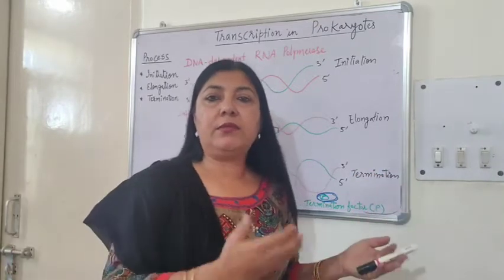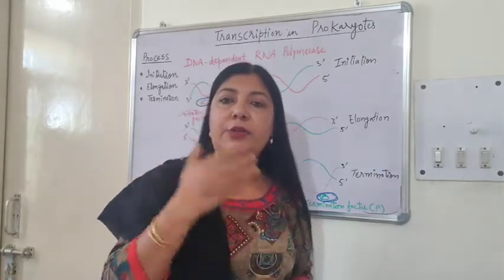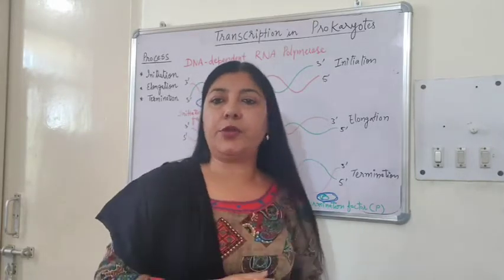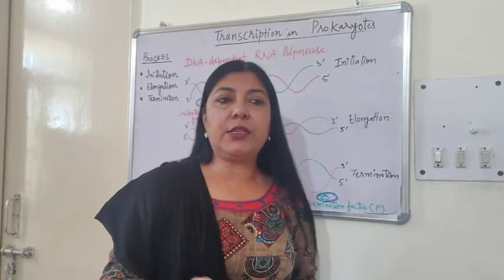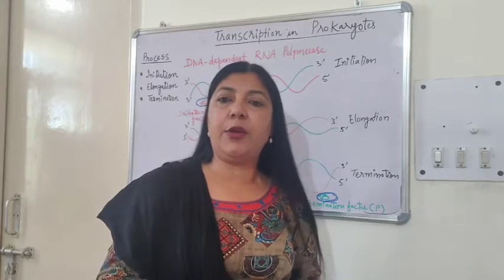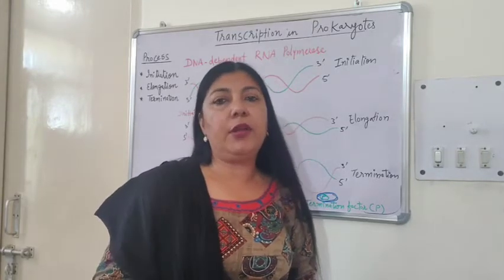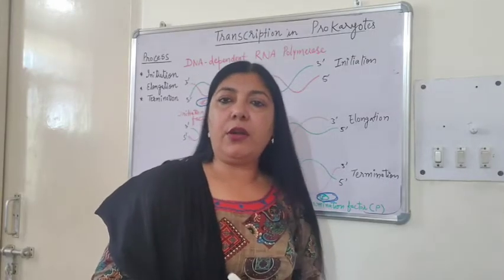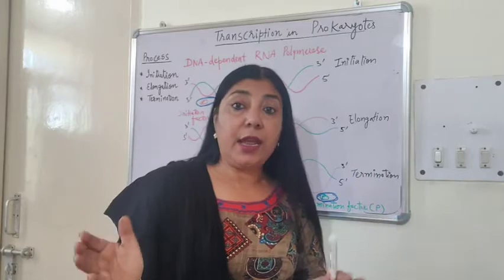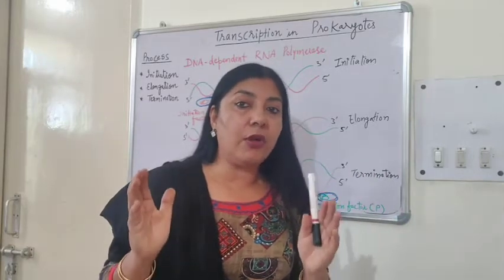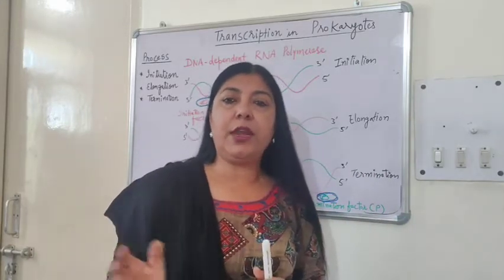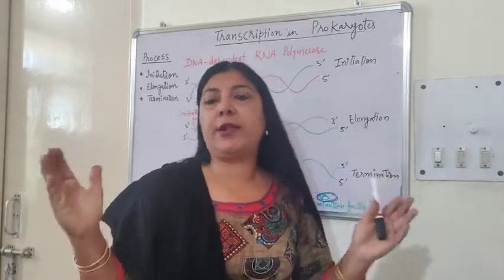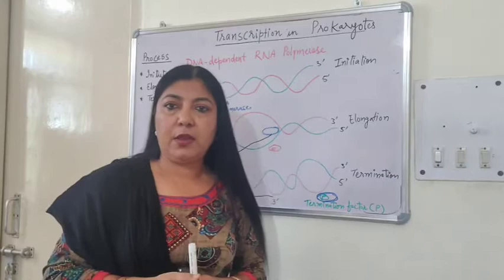So many mRNA transcripts are produced, different types, in one complete transcription. And these transcripts, that is RNA, which are produced, are ready for the translation process. So in prokaryotes, the transcription unit is polycistronic. Polycistronic means many cistrons on one transcription unit.